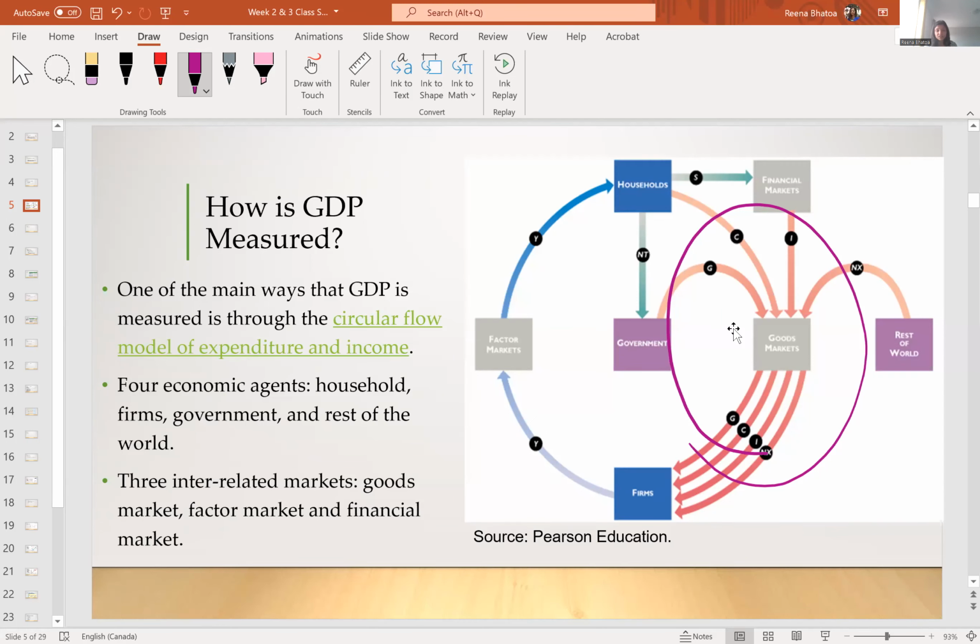So expenditure side will always be equal to income side. So for example, if I purchase, let's say, a laptop, and Elzardo is selling that laptop, so my purchase is my spending, and that will be Elzardo's income, right? So expenditure side is always equal to income side that way. Okay.